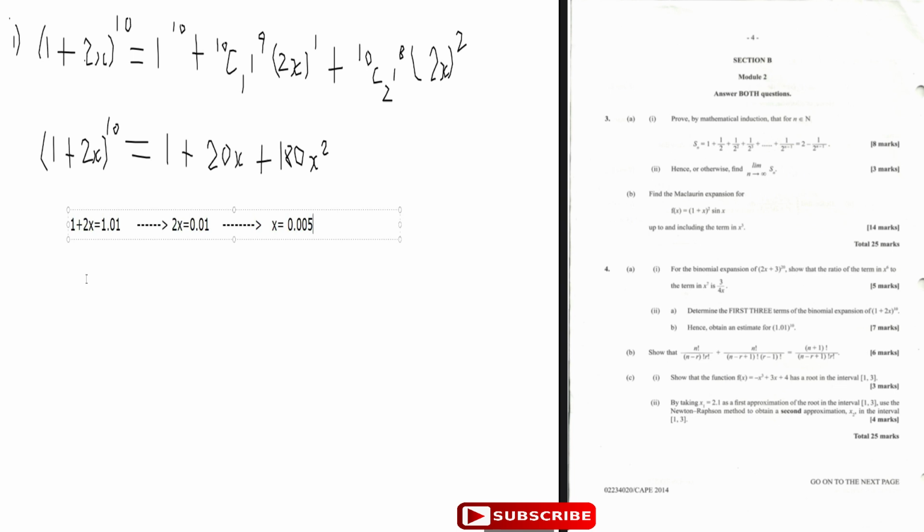X is 0.005. Okay. Now that x is 0.005, we can go ahead and compute what this is going to be. So 1.01 to the 10th power is going to be equal to, we substitute in 0.005 in this equation. It's equal to 1 plus 20 times 0.005 plus 180 times 0.005 squared.